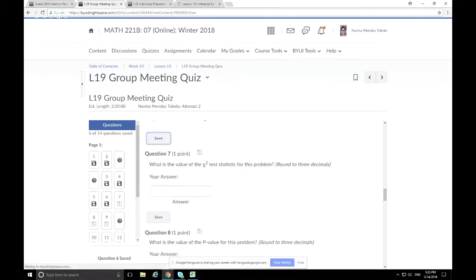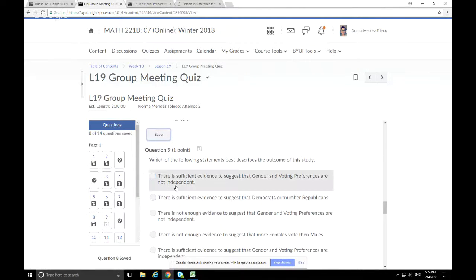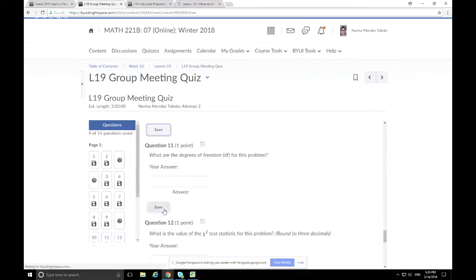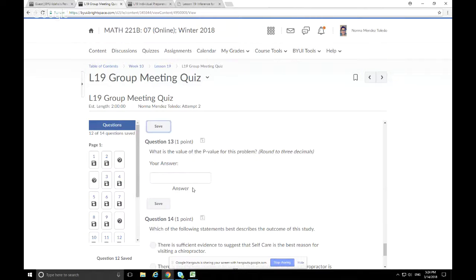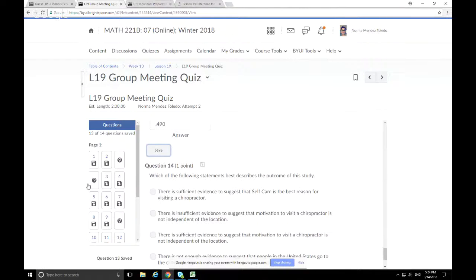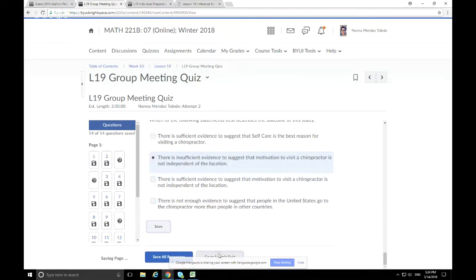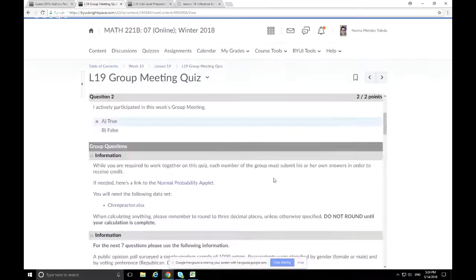I guarantee that's probably why I get most of these questions wrong, because I understand what's actually going on, but that made sense in my head until I read it 5 times. So there is insufficient evidence to suggest that motivation to visit a chiropractor is not independent. Okay, I get it now. You have to read it carefully to understand.